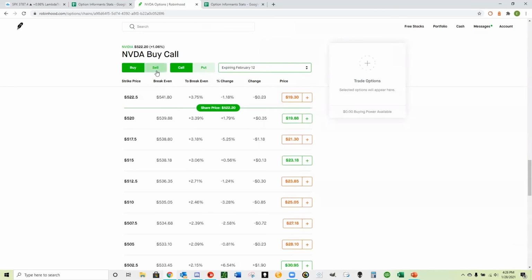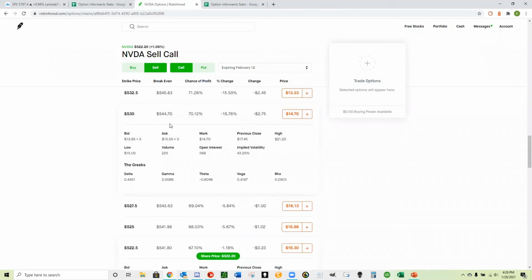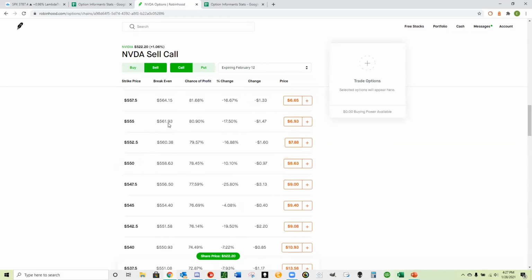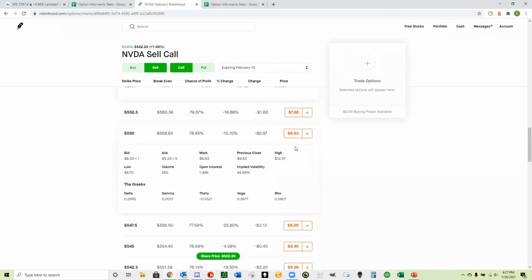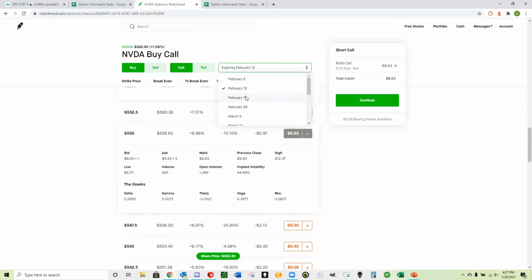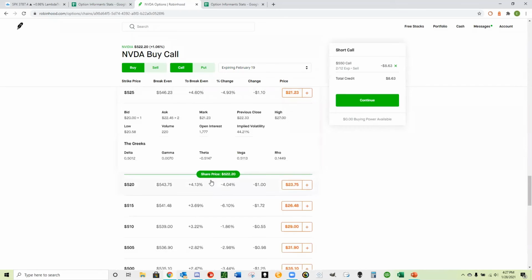Now remember, we sell the front half, and we're looking for the 30 delta. A bit too far. There we go, 30 delta. So we're going to add this. And then we're going to buy the week after. We're looking for the 50 delta, which is usually right at the share price.